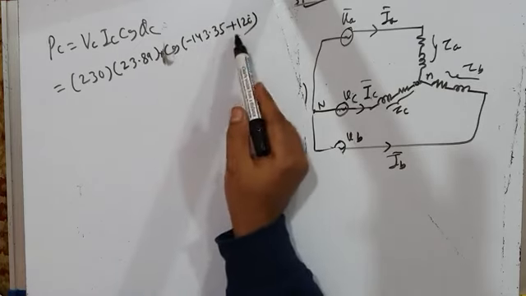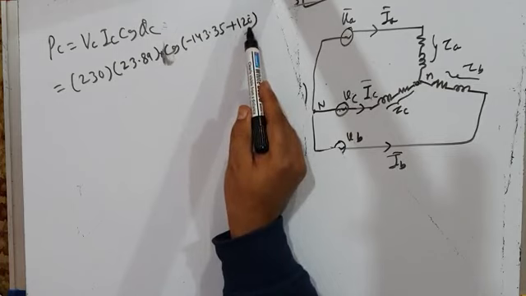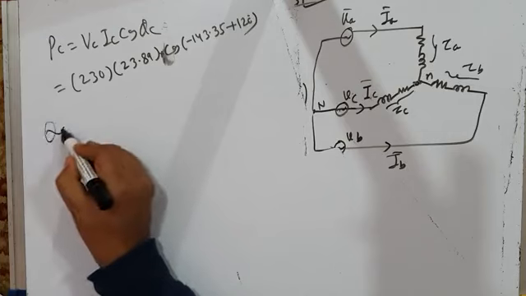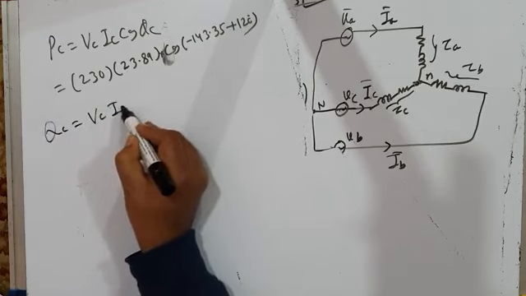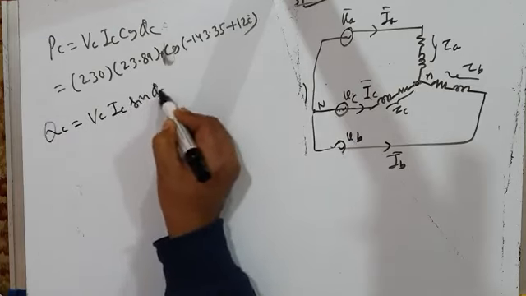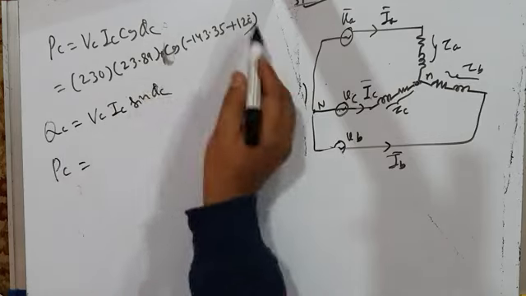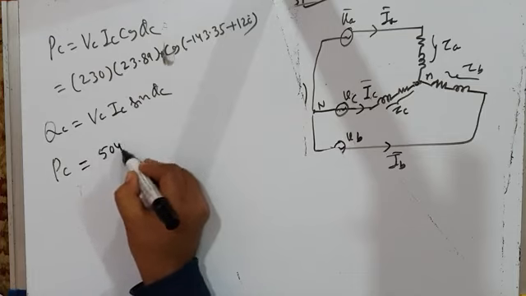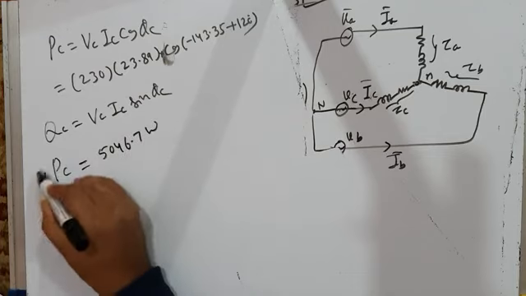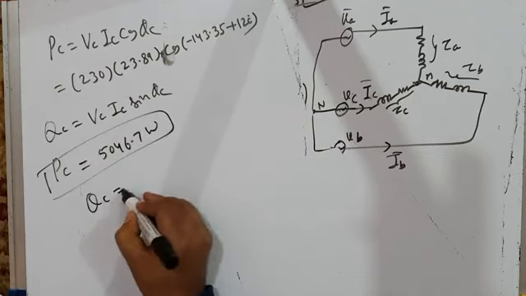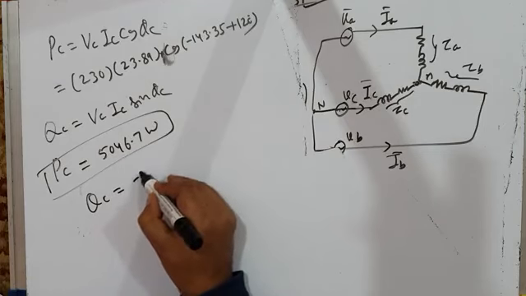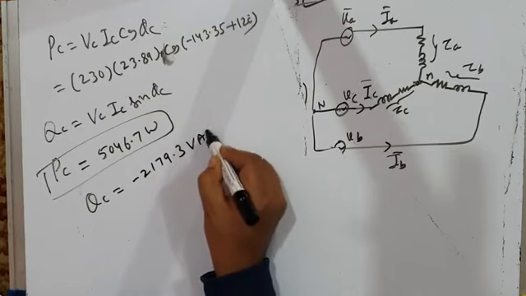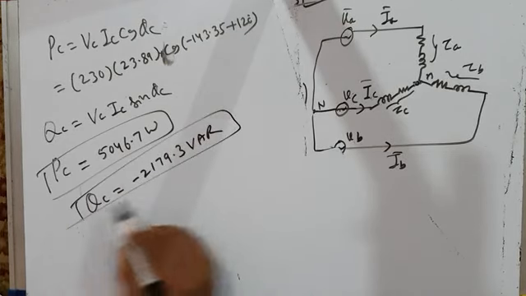In phase C, the current phase angle is plus 120 degrees. Substitute, and you get PC. Similarly, QC is equal to VC IC sin phi C. After substitution and using your calculator, PC equals 5046.7 watts, and QC, the reactive power of phase C, equals minus 2179.3 watts.